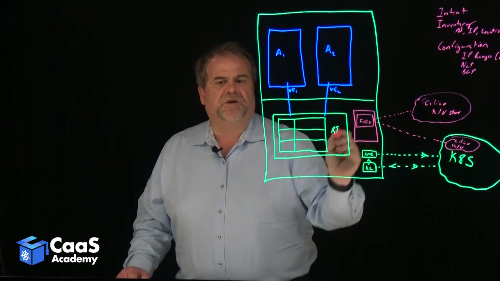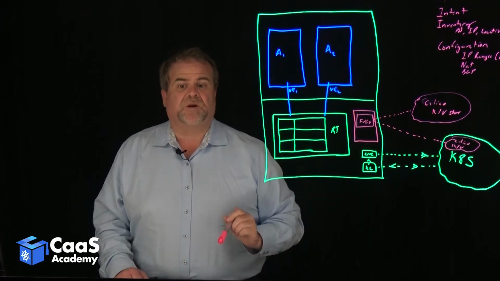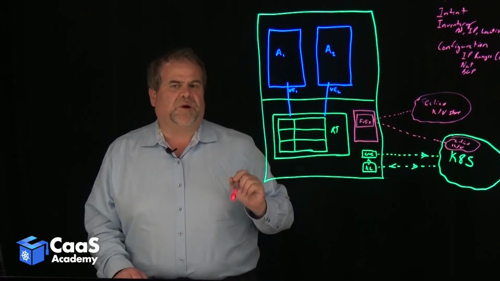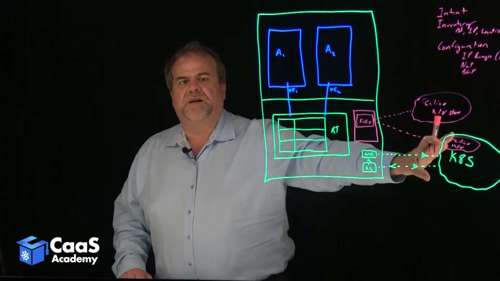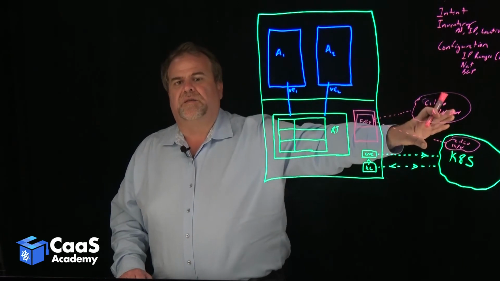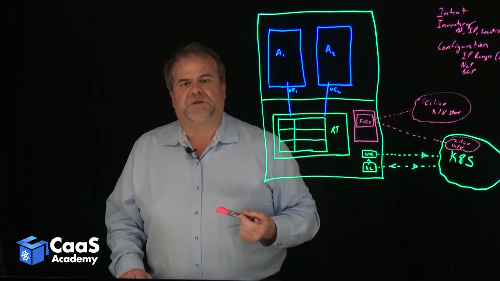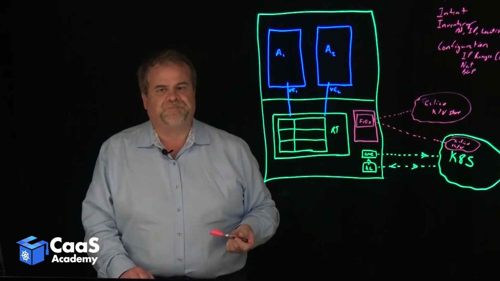The CNI plugin could have told Felix that directly, since we're on the same host. But that sort of breaks the Kubernetes model where the source of truth is the Kubernetes API server and anything that hangs off of that, let's say Calico's dedicated key value store.